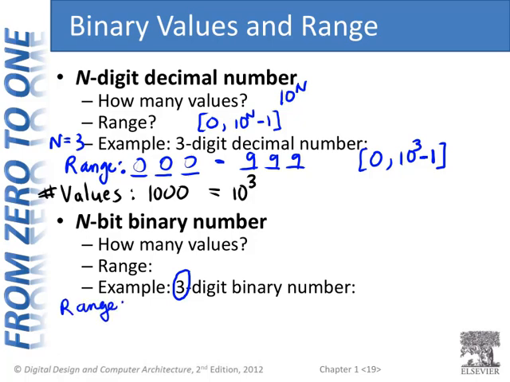The range is, well, let's see, we have a 3-digit binary number, or a 3-bit number. And we want to look at the smallest value we can represent and the largest value. Well, the smallest value is clearly 0, 0, 0, if we put zeros in each of those bits. So we have the value 0 to 1, 1, 1 is the largest value.